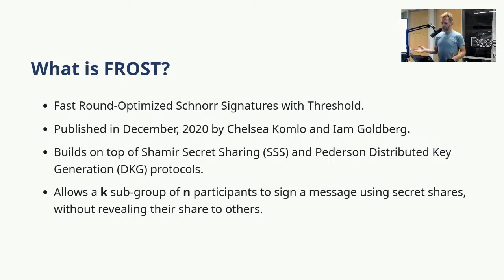What Frost does is it essentially allows a K subgroup of N participants, K of N is how we talk about this in cryptography, to sign a message using these things called secret shares without revealing their share to others. So K of N basically means if you have 15 people, you only need 11 of those 15 people to sign. So that's the K of N, 11 of 15.